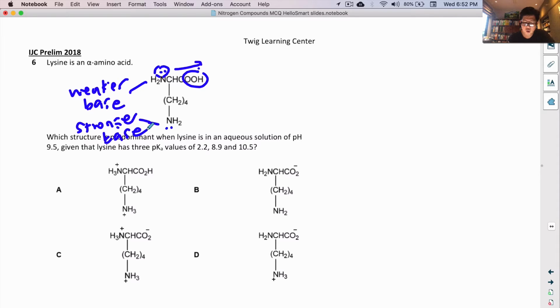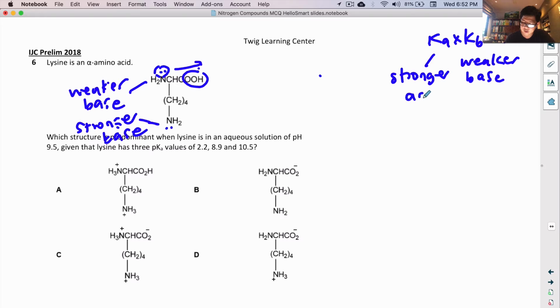So if you remember the formula Ka times Kb equals Kw. If you have a weaker base, you will end up having a stronger acid. The conjugate will be a stronger acid. Why? Because if you have a low Kb, you definitely have a high Ka. So I'm going to draw this out very quickly. I'm just going to look at the Ka values of these three acids.